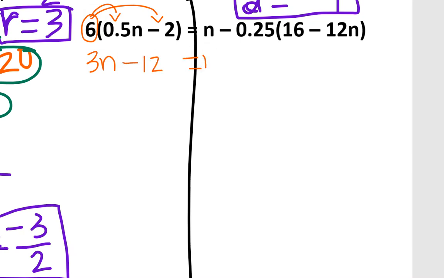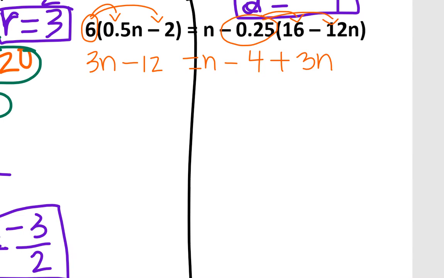Equals, I bring down this n, but this negative 0.25 I'm going to distribute. So when I distribute it to 16, I get minus 4. And when I distribute it to this negative 12n, I get plus 3n. If you can't do that in your head, do not worry. Make sure you are using your calculator.